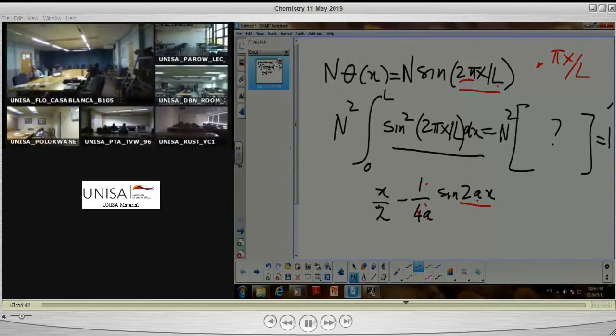You insert your L first, and you subtract, and then you insert your 0. Subtract one from the other. You will end up with your N being equal to 2 over L to the power half, or square root. So that is your normalization factor now.